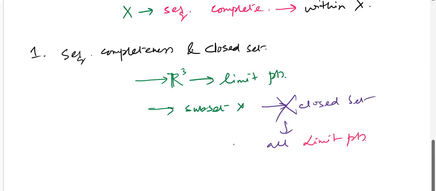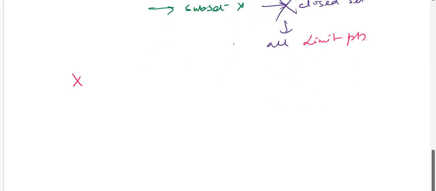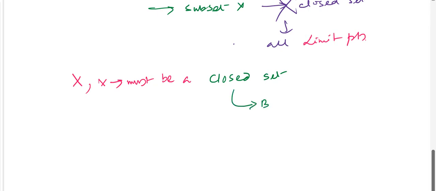Since every Cauchy sequence in X converges to a limit point in X, this implies that X must be a closed set, because a set that contains all its limit points is closed by definition in any metric space including R cube.